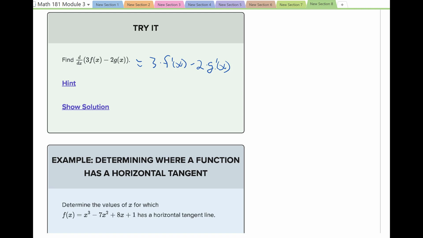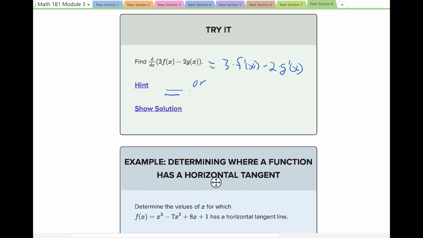I'm trying to think, how can I make that longer? What if we said the derivative with respect to x of 3 times f of x plus the derivative with respect to x of f of x times 3, minus the derivative with respect to x of 2 times g of x, minus, I'm distributing the negative, the derivative with respect to x of g of x times 2.